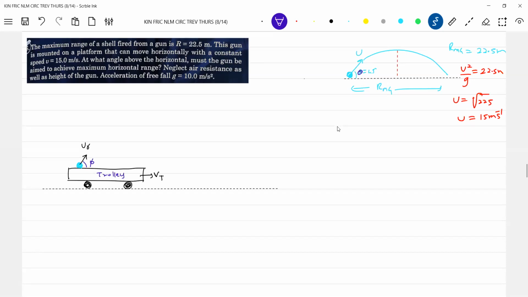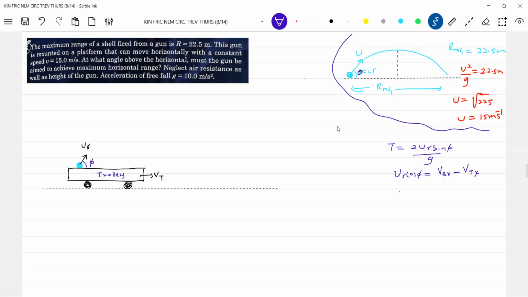Let me enter into the problem. First, time of flight: T equals 2 UR sine phi by G. Then along the x-axis, UR cos phi should be equal to the velocity of the ball with respect to ground along x-axis minus the velocity of the trolley with respect to ground along x-axis.